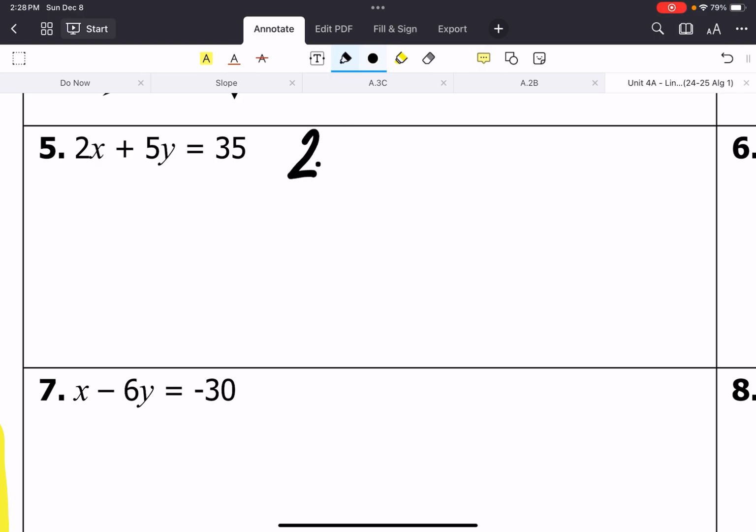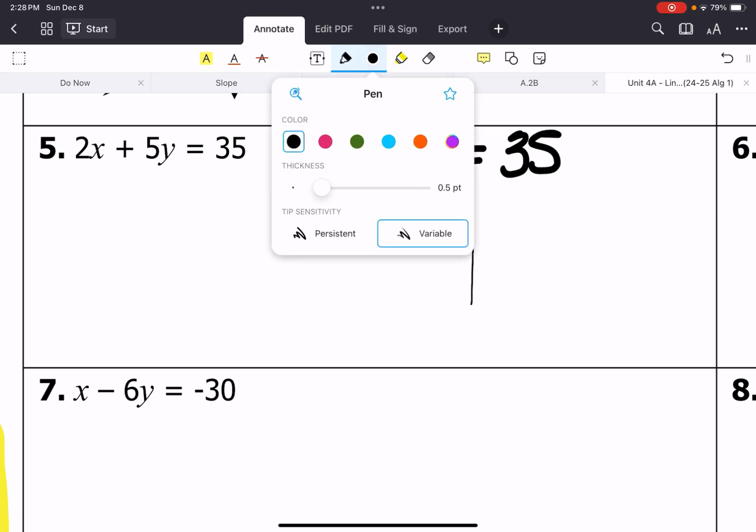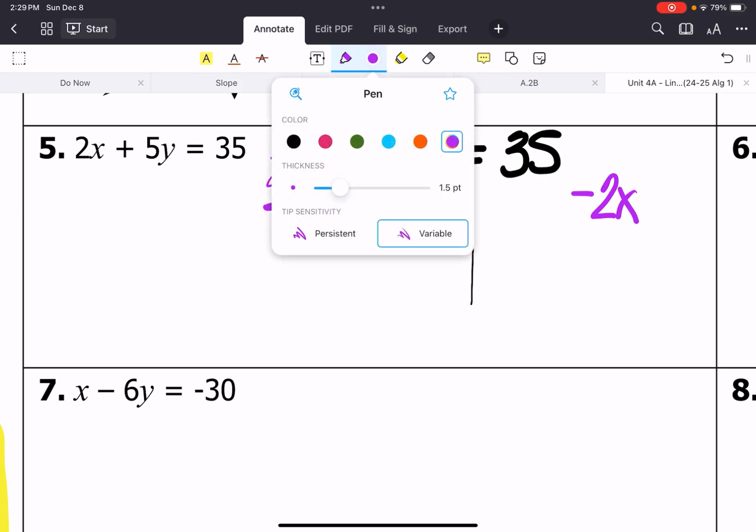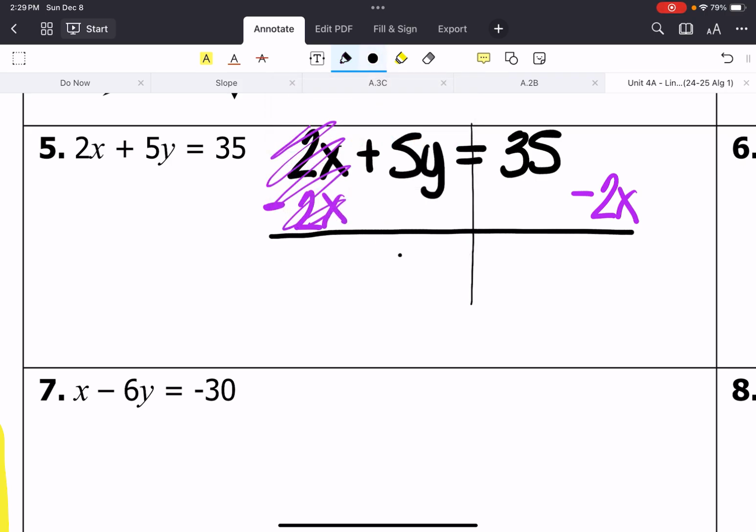So here, first thing I'm going to do is move the 2x over to the right. So in here, 2x minus 2x, well, that becomes 0. You're left with 5y on the left, and then this equals 35 minus 2x on the right.